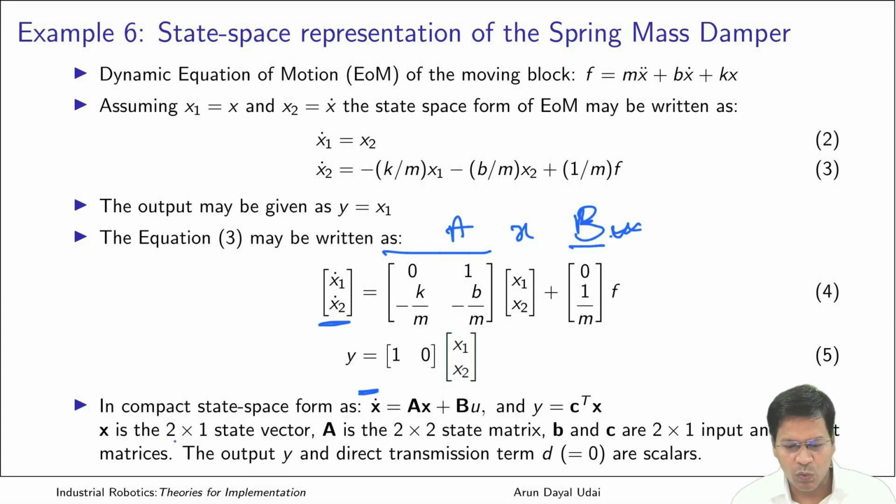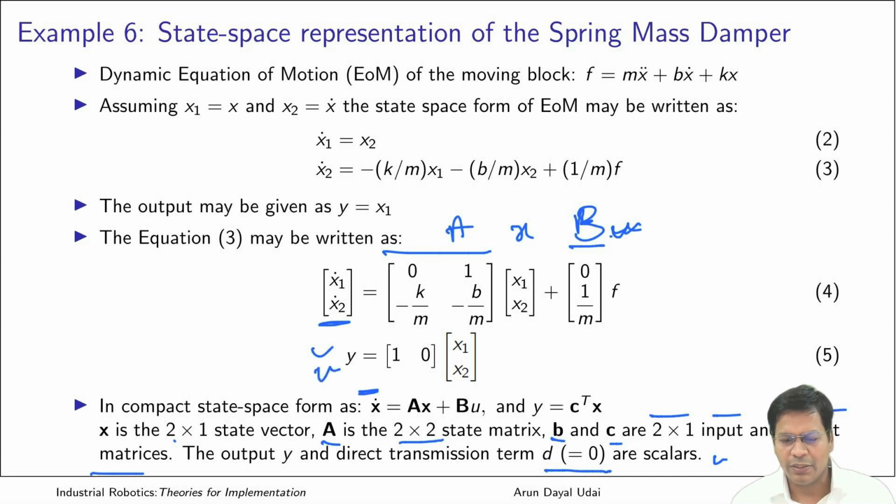So x is a 2 cross 1 state vector, A is a 2 cross 2 state matrix, B and C are 2 cross 1 input and output matrices. The output now is a direct transmission term with D equal to 0. That is scalar because you have no D term over here, so there is no direct transmission happening.